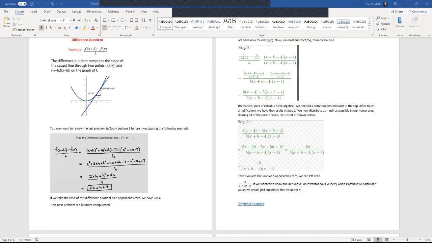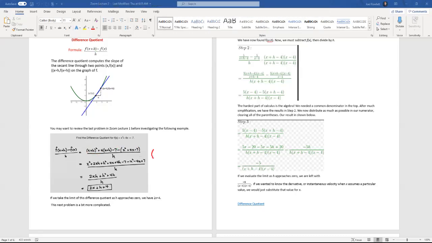So what did they do? If you take x plus h to the power of 2, that is x plus h times x plus h. Since this is x plus h to the power of 2, we will now FOIL this, which means we will multiply the two first terms together.